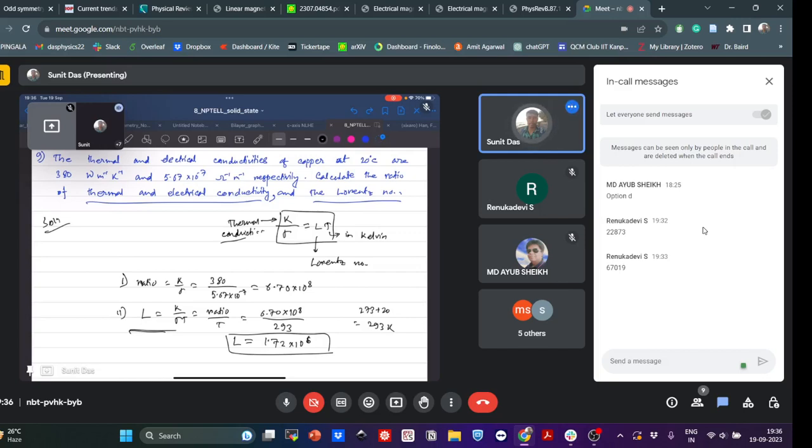Okay, so before that, let me tell you one thing. Here, this is not -7. This will be +7 actually. While the concept of this problem is okay, but this will be +7. So we need to re-evaluate. So this will just be 6.70 into 10 to the power minus 6.